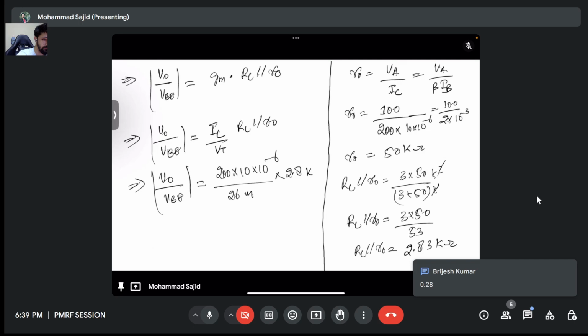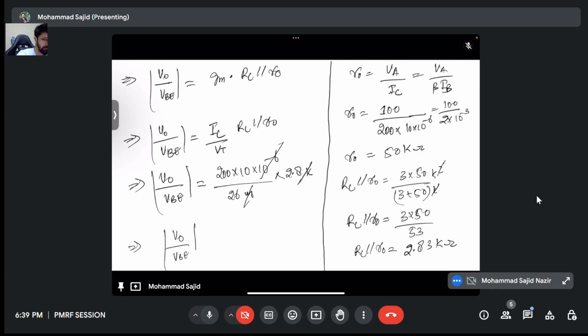Kilo and milli will cancel. So V naught by VBE will be, let's calculate it, 200 multiplied by 8 divided by 26. So this comes around 215.8. This is our gain.